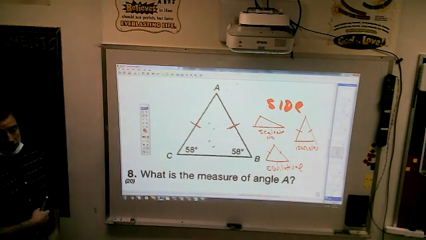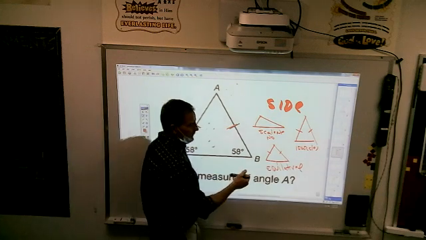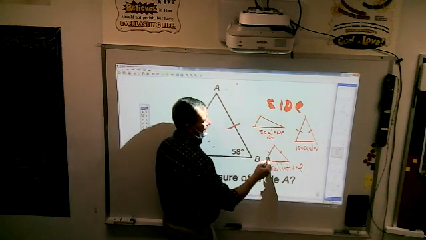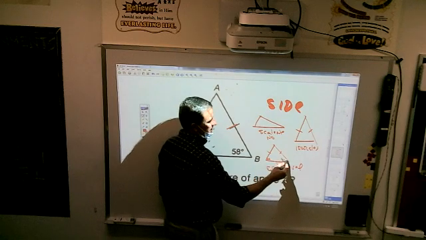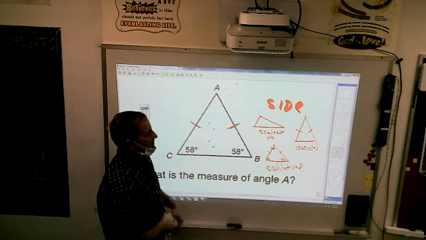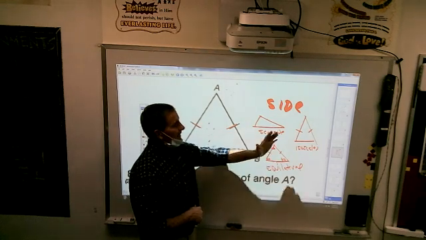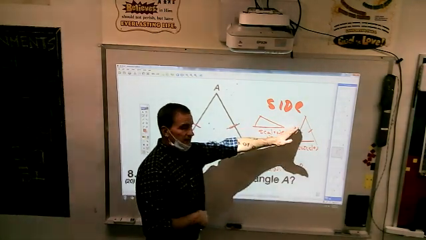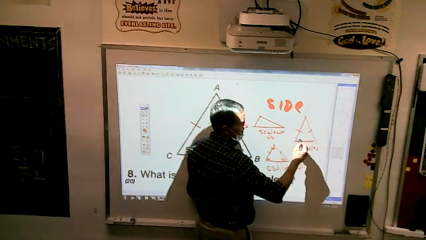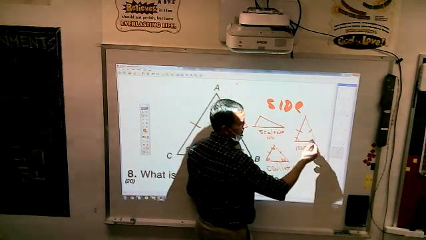Now, something special to note since you're all paying attention here. An equilateral triangle, you have no choice, every angle has to be 60 degrees. No matter how big or small the equilateral triangle is, every angle will be 60 degrees. In an isosceles triangle, the only thing that you know is that the angles opposite the equal sides are equal.